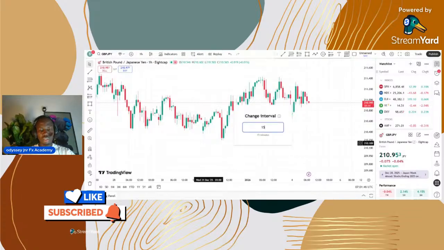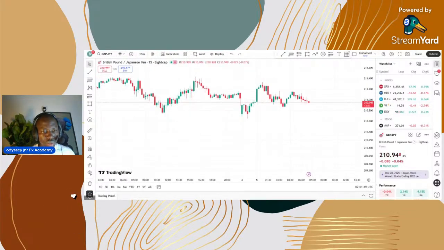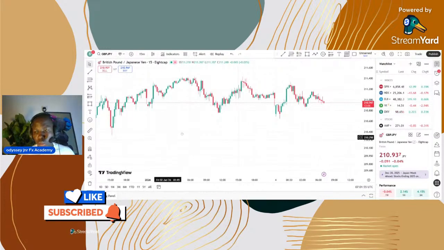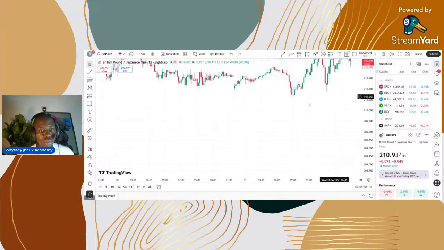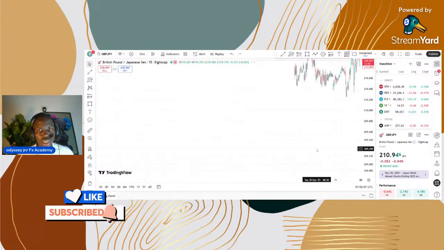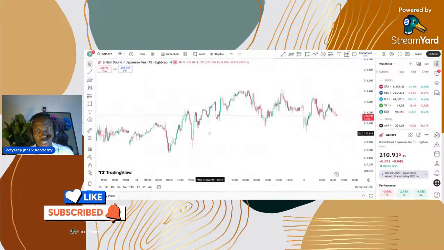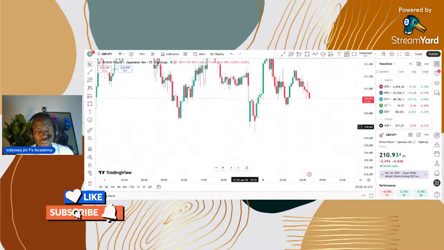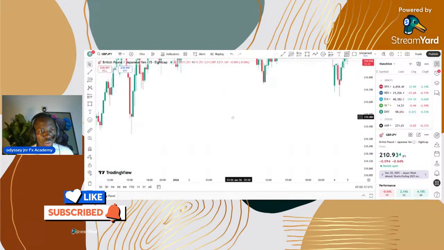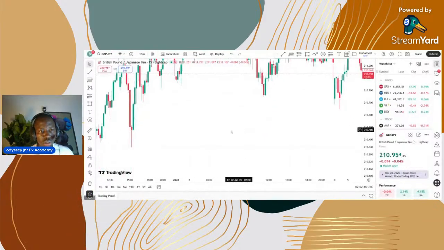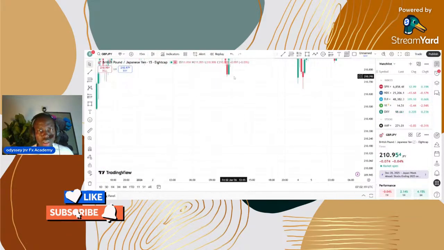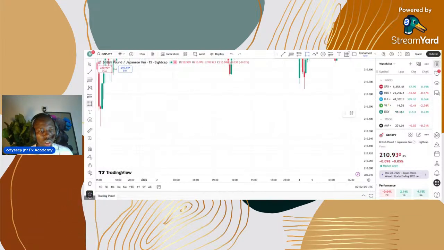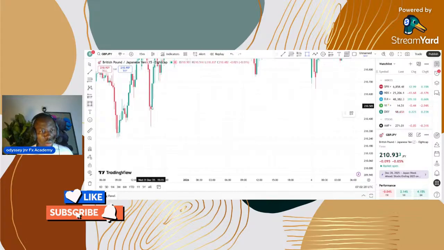I go to 15 minutes. In 15 minutes, from what we can see, we are fully bullish, so we are looking for a buy opportunity. This should be a good order block.